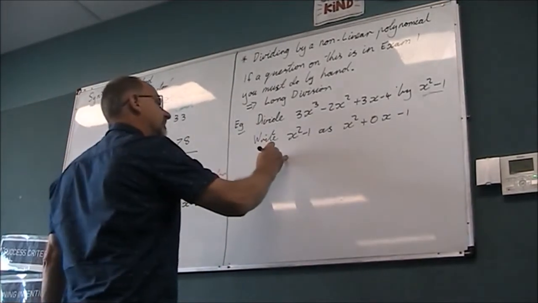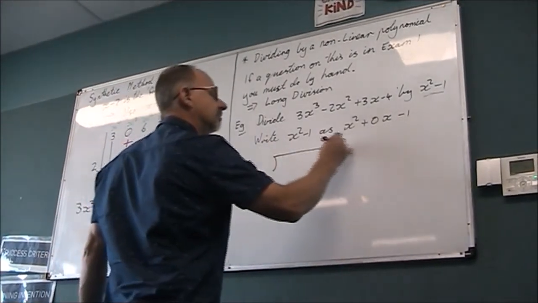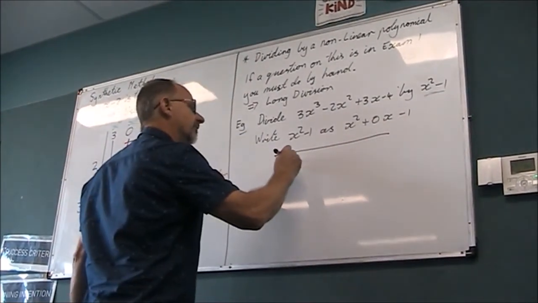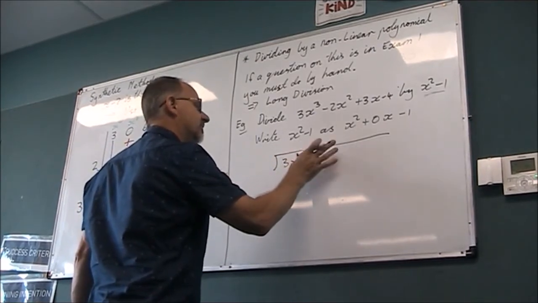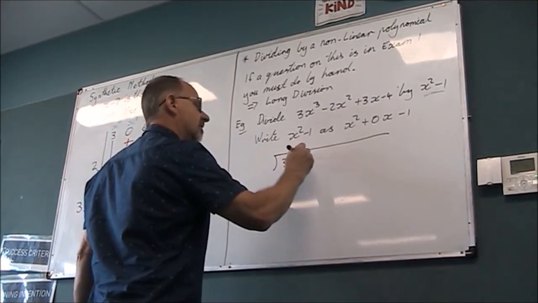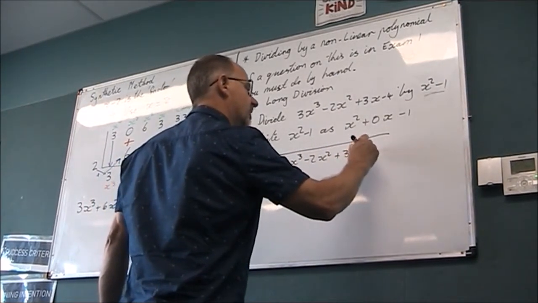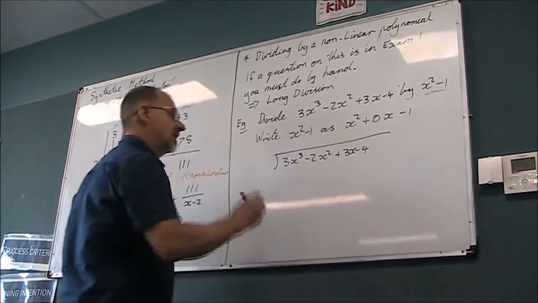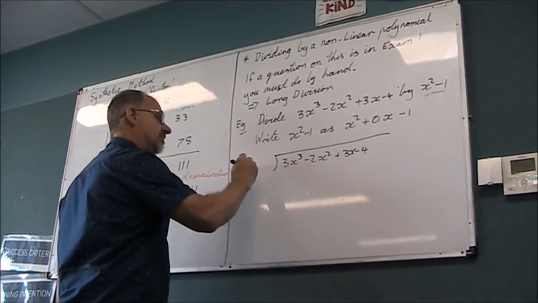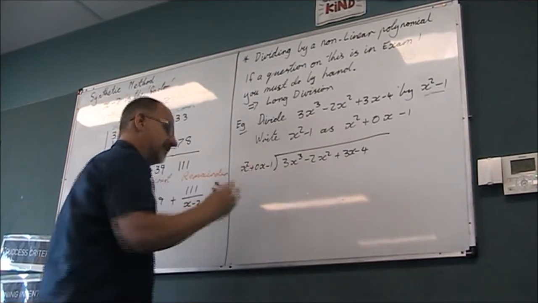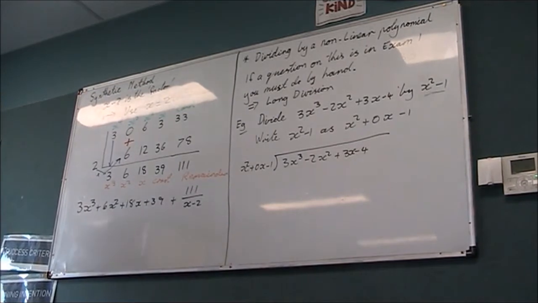So we set it up just like we did before. 3x cubed here minus 2x squared plus 3x minus 4. And we're dividing it by x squared plus 0x minus 1. And we need the 0x for similar reason before, so we don't lose stuff.